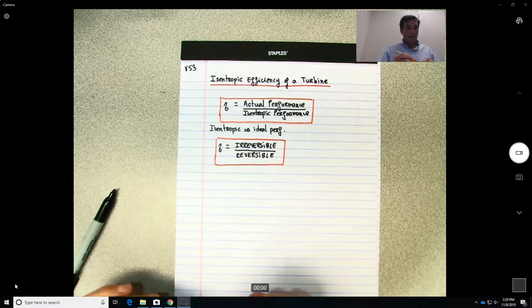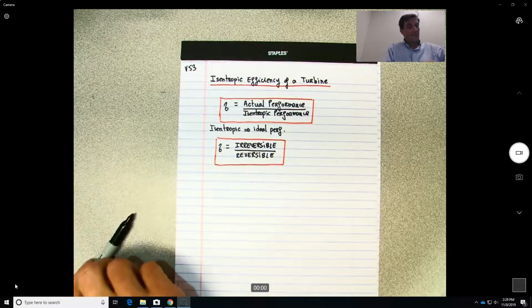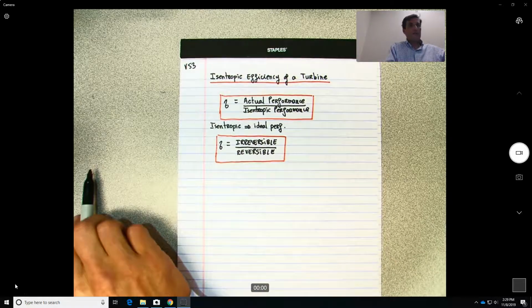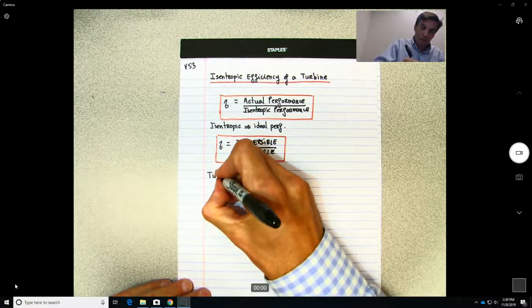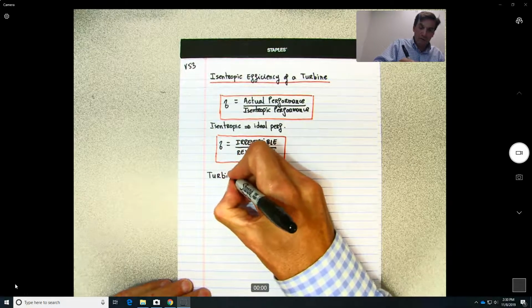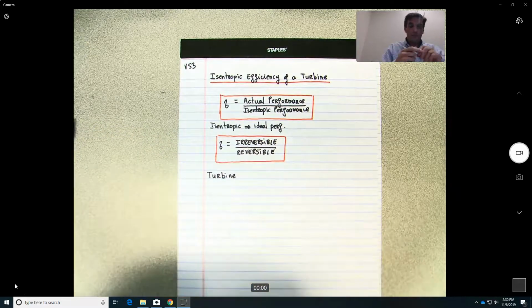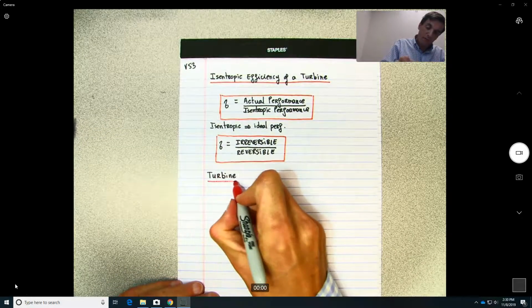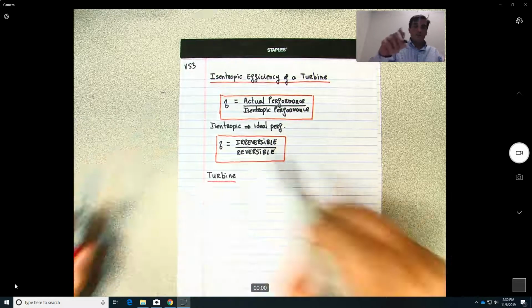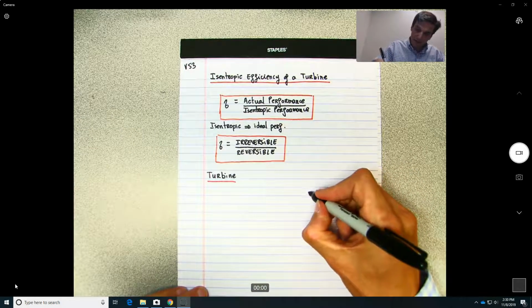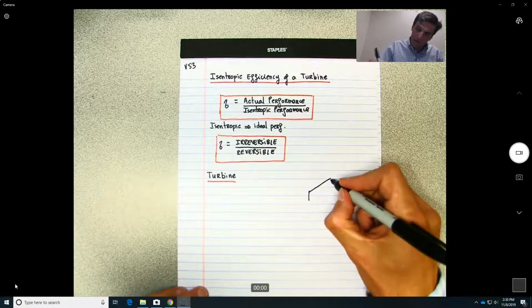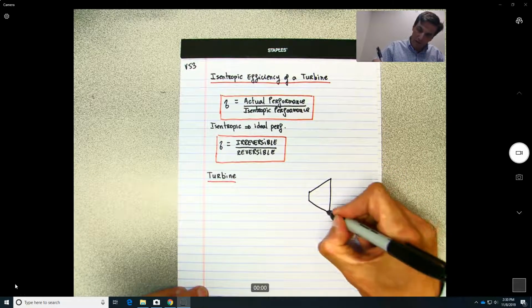Alright, now let us look at the case of a turbine. So the general drawing for the turbine will be this.